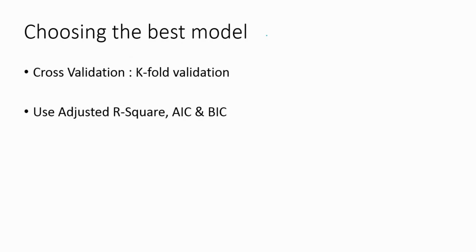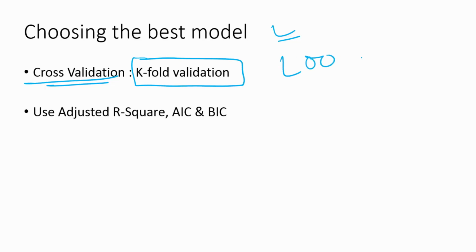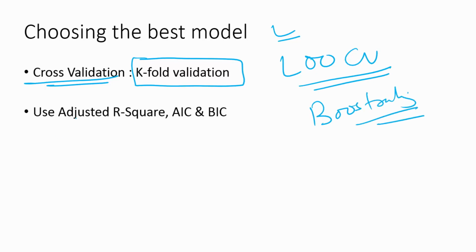How do you choose the best model? Now we have gone through several such steps of selecting variables, right? How do you choose the best one of them? Cross validation, right? And there are several of them. You can use k-fold, you can use leave one out cross validation, you can use bootstrapping as well, and the metrics that one should use could be R square, the AIC and BIC.